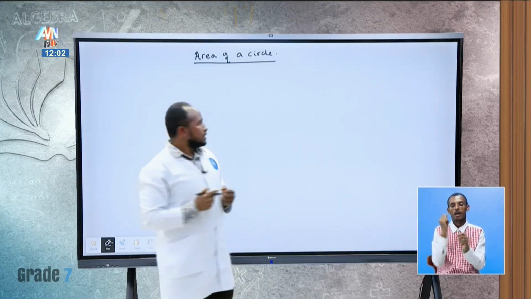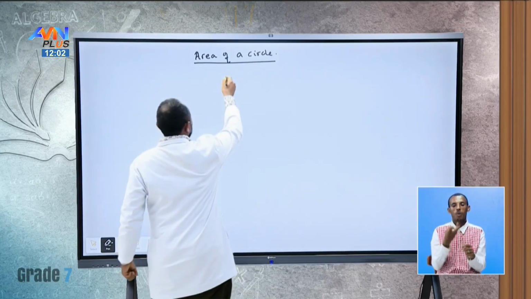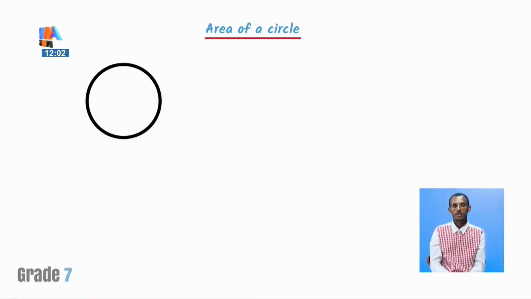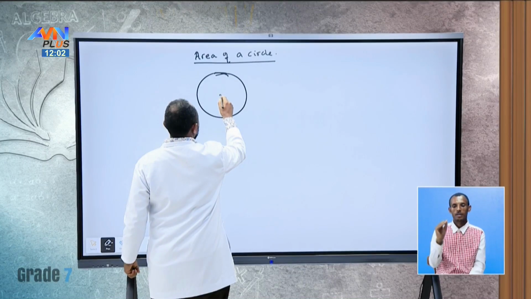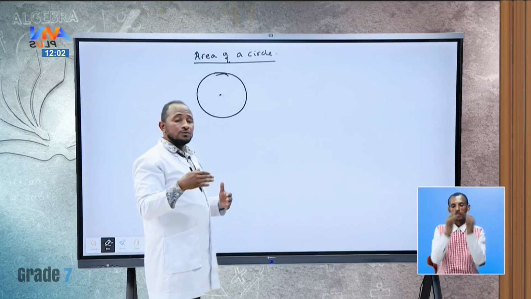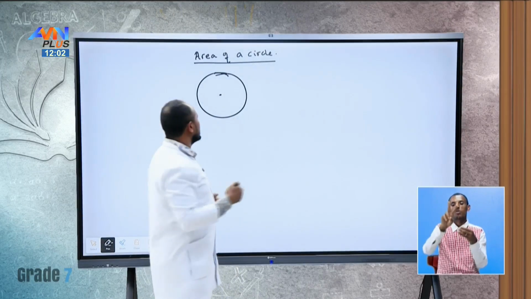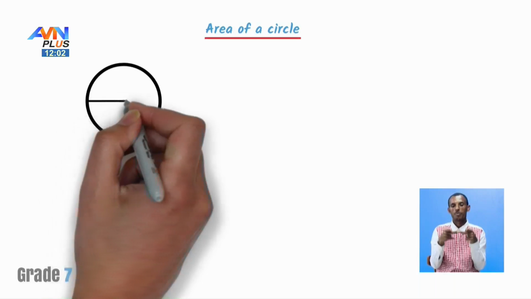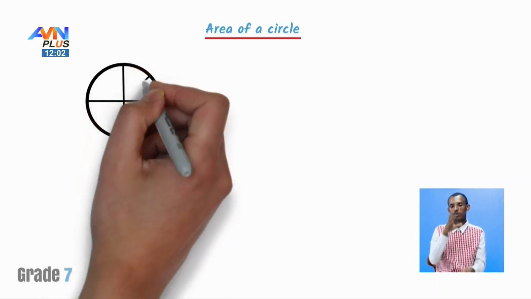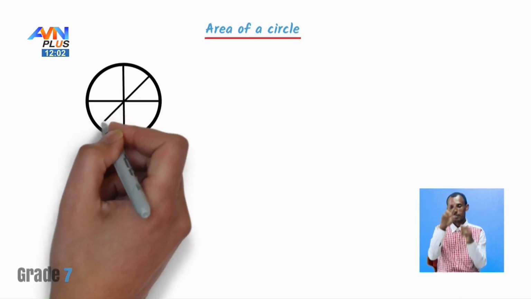Look, if we have this circle and assume this one be the center, let's divide this circle into pieces. Look, this one, we can divide into so many parts. Let's divide it into 8 equal parts.